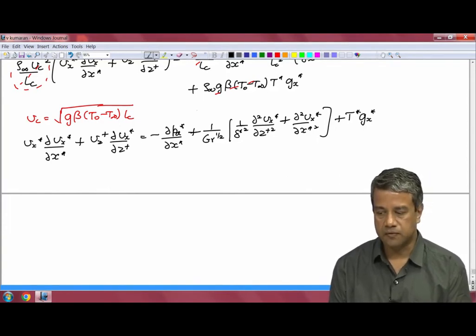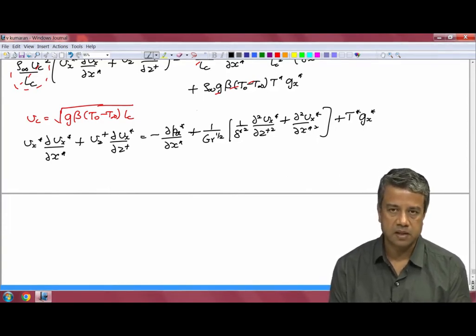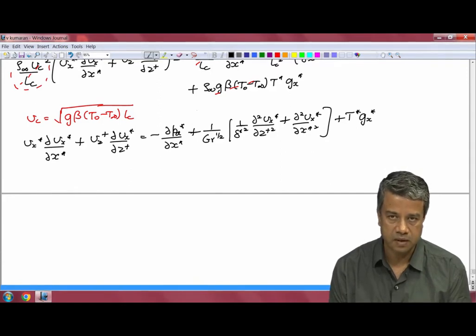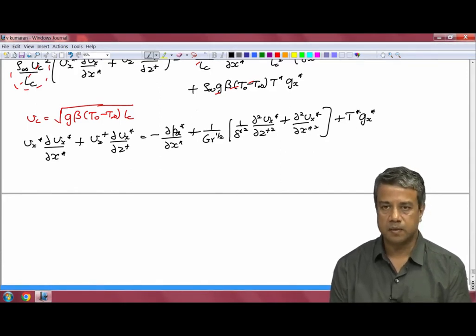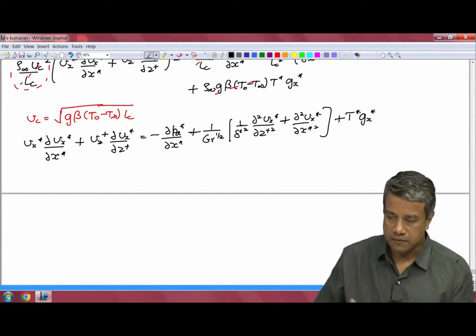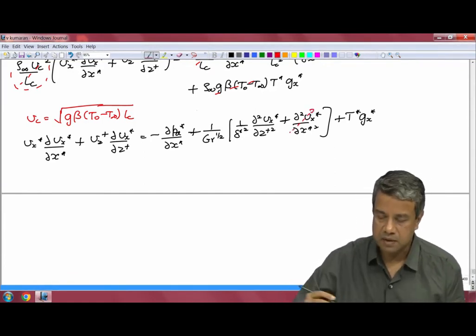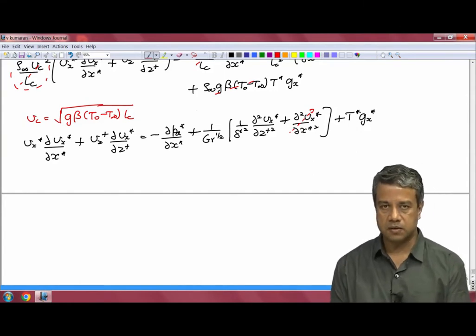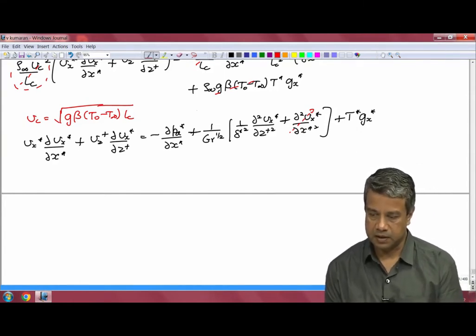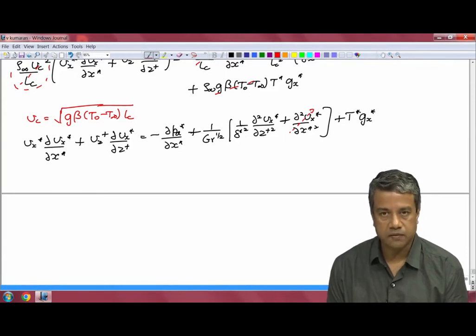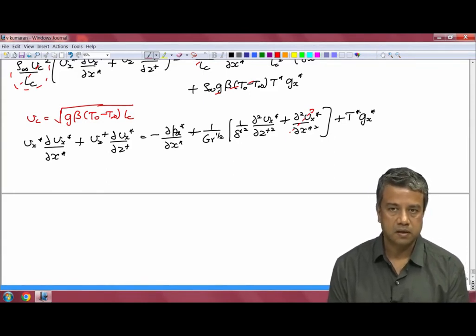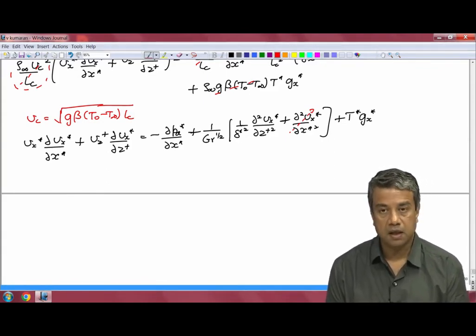Therefore, the cross stream diffusion term is much larger than the streamwise diffusion term, as you would expect for any boundary layer solution. And therefore, within the boundary layer, streamwise diffusion can be neglected in comparison to the cross stream diffusion.